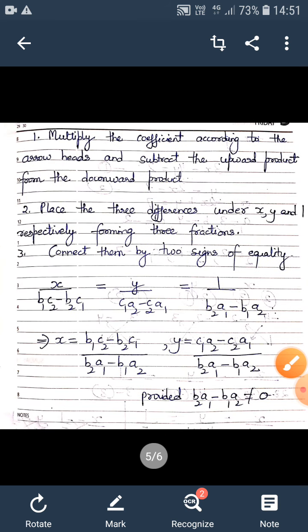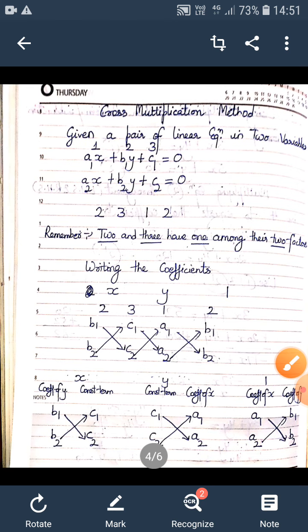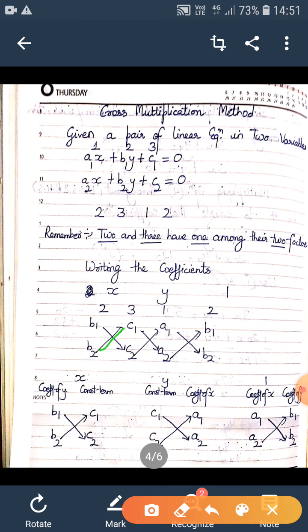So moving on, what is the rule? We have to multiply the coefficients according to the arrowheads and subtract the upward product from the downward product. That means b1 c2 is our downward product and b2 c1 is our upward product.